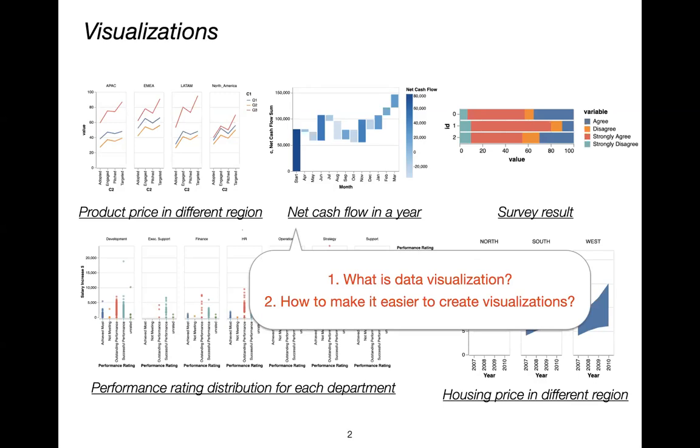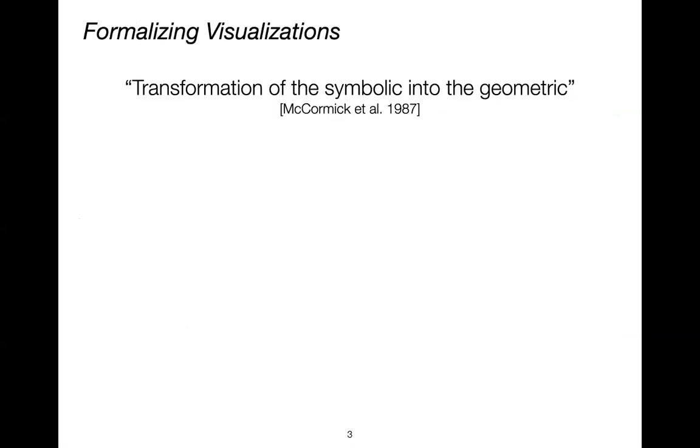It's interesting to think about what visualization is, because we take it for granted and don't even think about the definition. This is one of the early definitions of data visualization: a transformation of the symbolic to the geometric. I also find this a good way to talk to PL people, because what we love is to talk about transformations, about arrows.